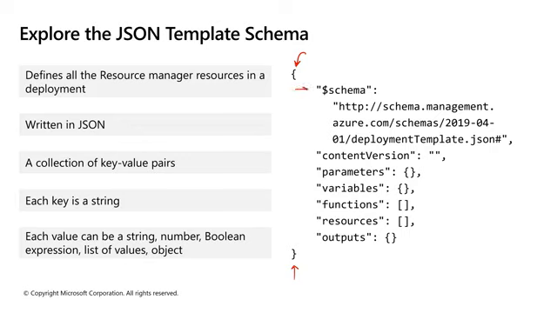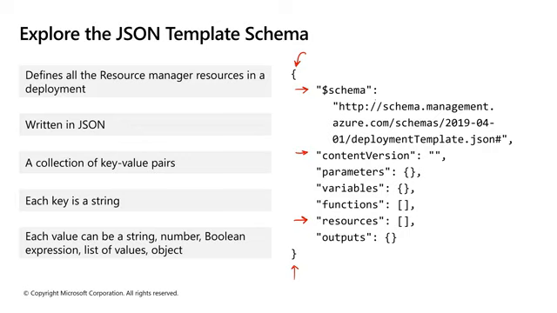You have a few elements that are listed on the screen, things like your schema, content version, parameters, variables, functions, and resources. However, not all of these are required for your template to be complete or accepted by Azure as a JSON template to create resources.